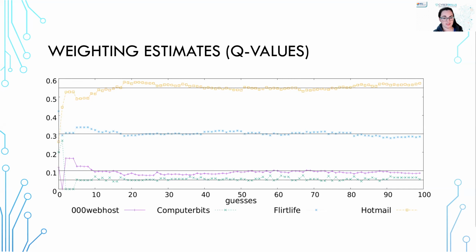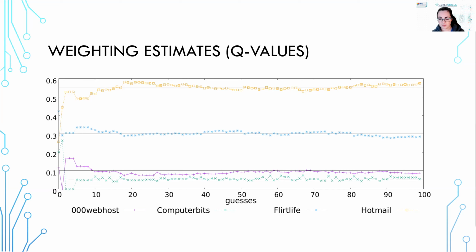But we can definitely see that our multi-arm bandit method was able to estimate the different weightings with pretty good success. And we did this for lots of different simulations. I'm just showing one here. But yeah, by 10 guesses, it has a pretty good idea of what the most important and least important dictionaries are.